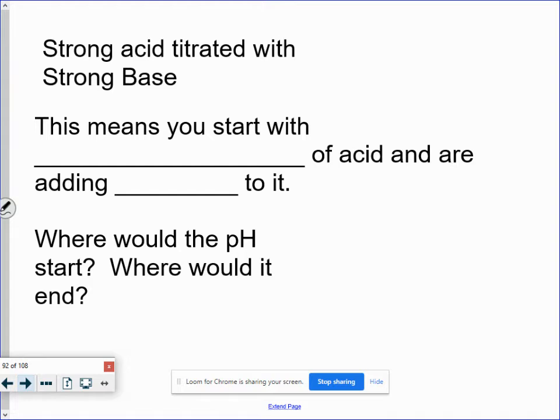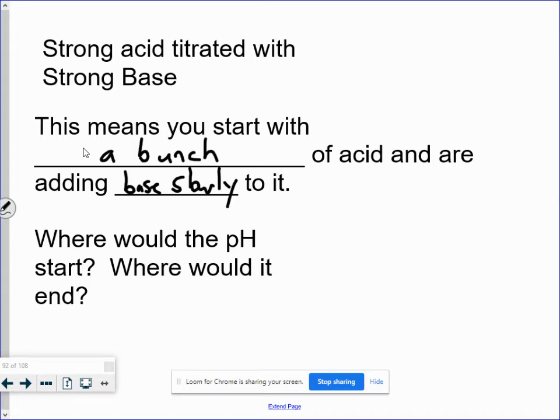Okay. So if you see strong acid titrated with strong base, that means you start with a bunch of acid and are adding base slowly to it.